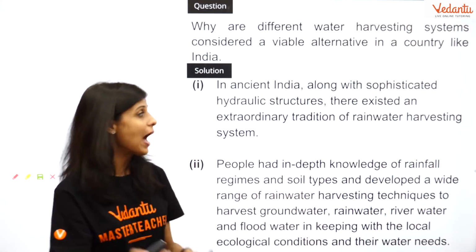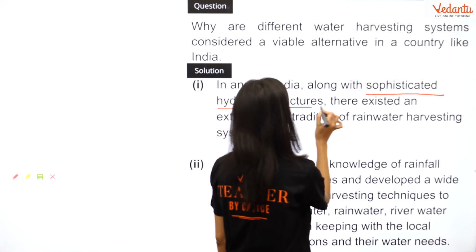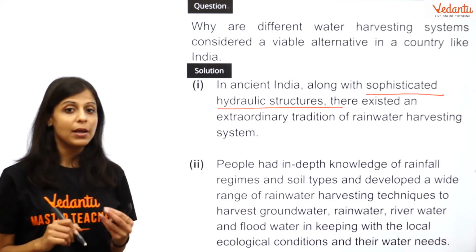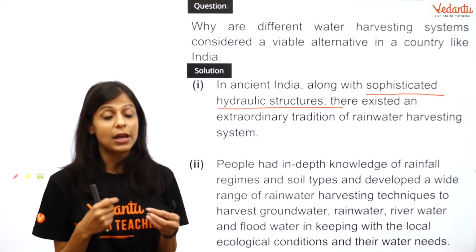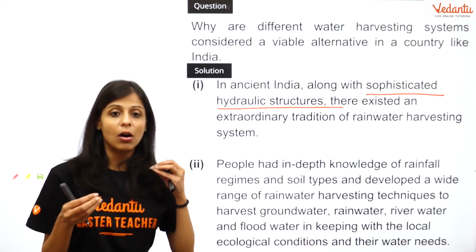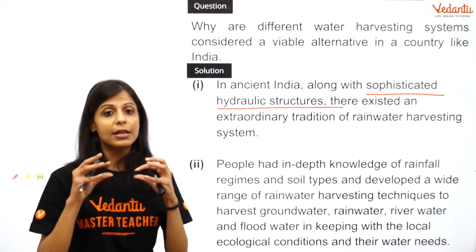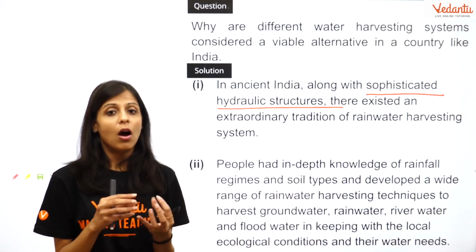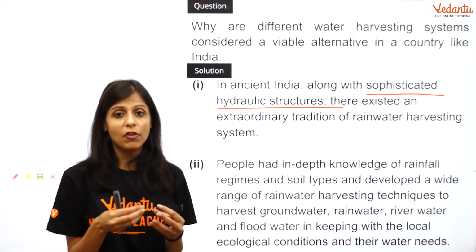So the very first point is the sophisticated hydraulic structures. The second is people use different techniques to utilize the rainwater. Either they try to recharge the groundwater table, or they try to protect it, conserve it in different forms.